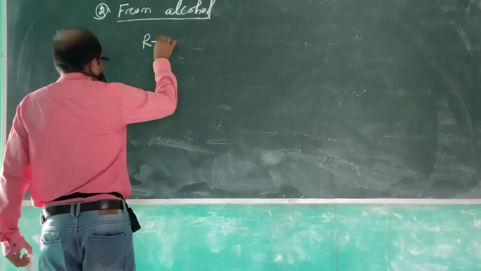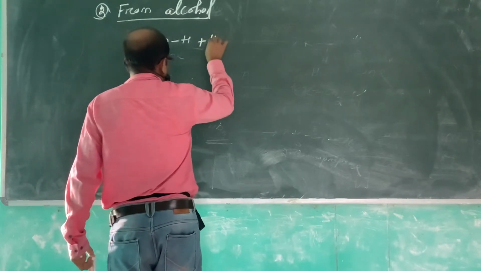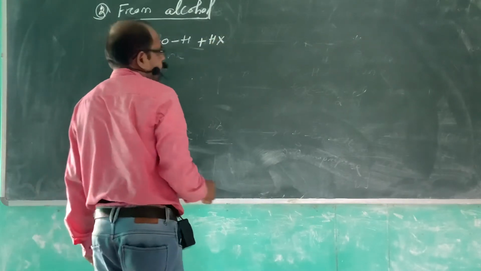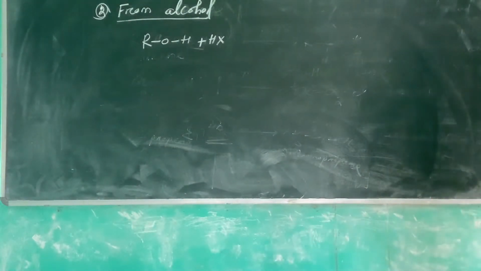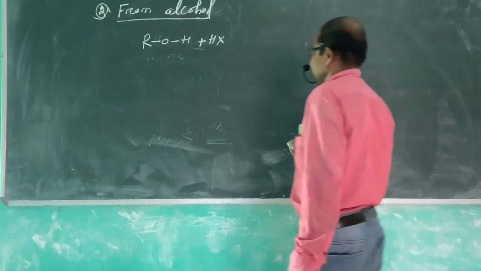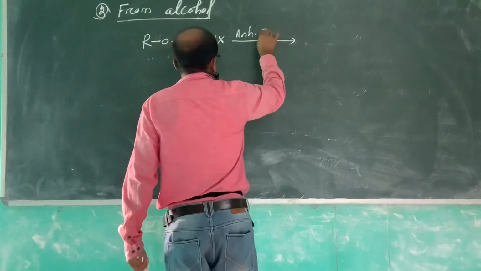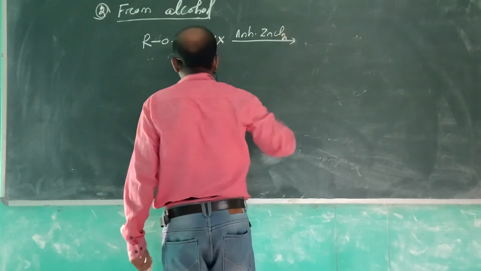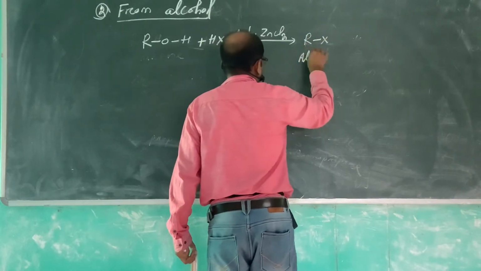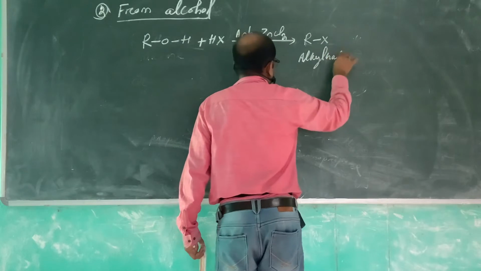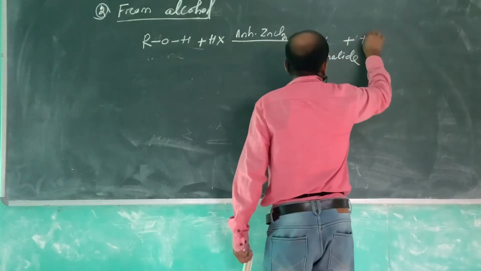ROH, this is the formula of alcohol, plus HX, hydrogen halide, or it is called halogen acid, in presence of anhydrous zinc chloride to produce RX, corresponding alkyl halide, plus H2O.